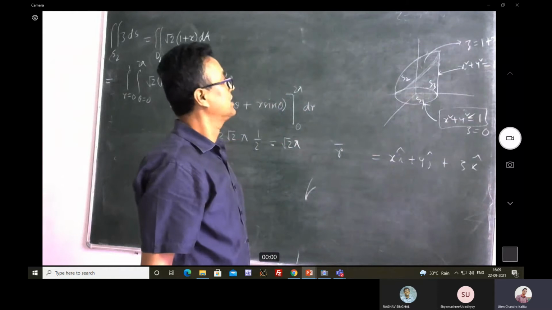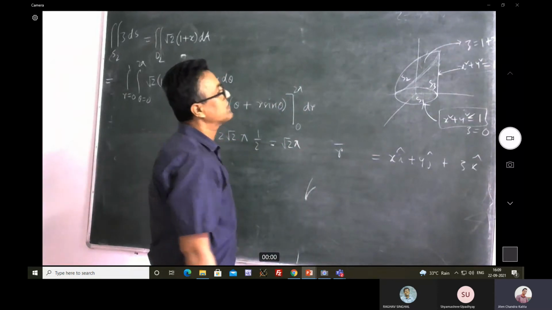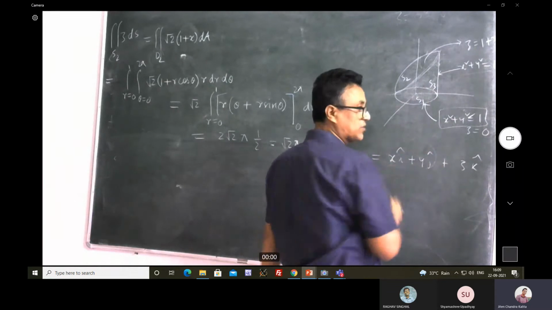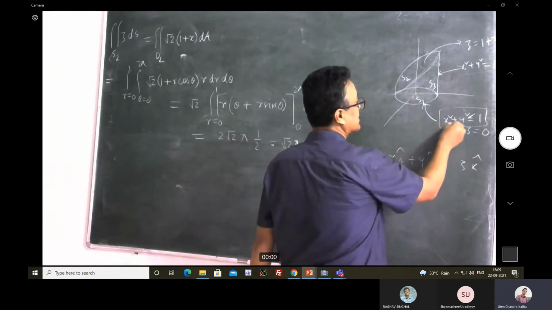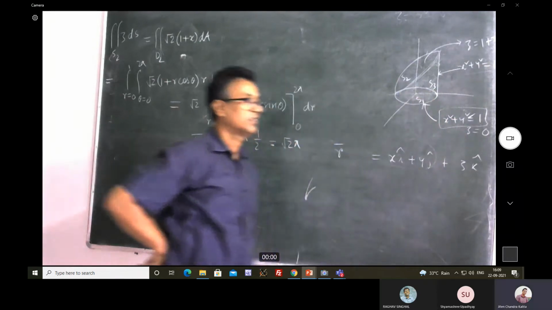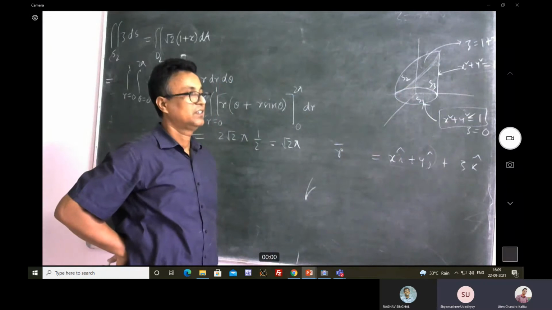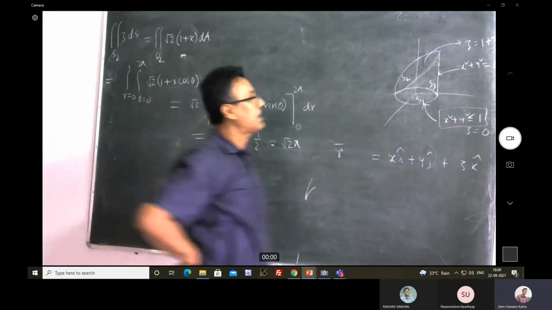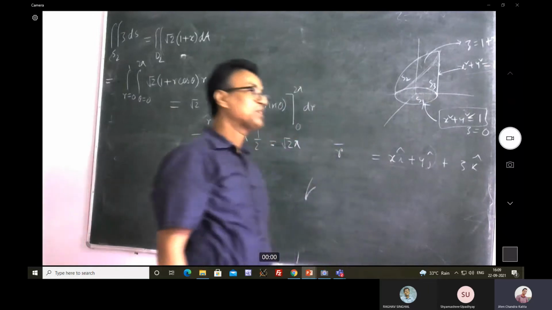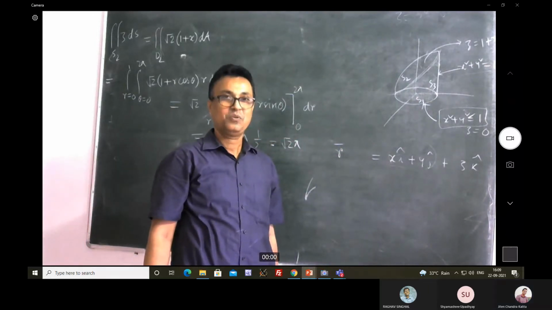Again, you can see that your x, y lie in this disk. Are you getting the point? But now I have a problem that this cylinder is x squared plus y squared equal to 1 and z equal to z, right?